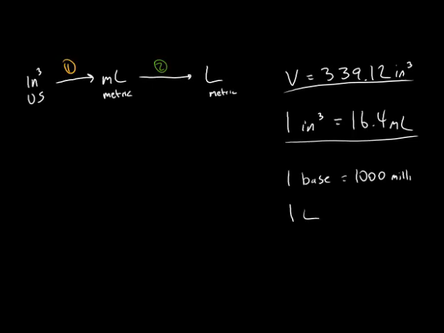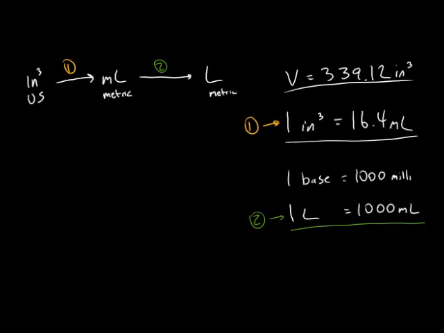We can say 1 liter is 1,000 of the milli form of liters, or ml. This unit conversion, saying 1 liter equals 1,000 milliliters, will be what we use to take care of step 2. The other piece of information we have, which converts cubic inches to milliliters, we'll use in step 1.